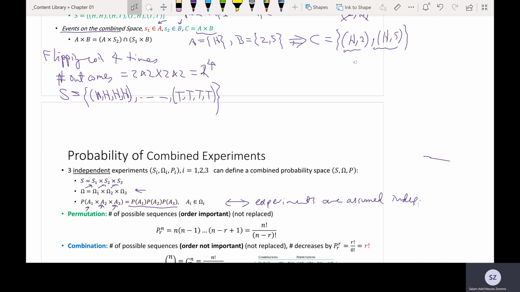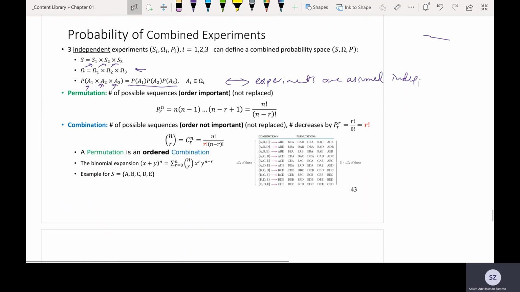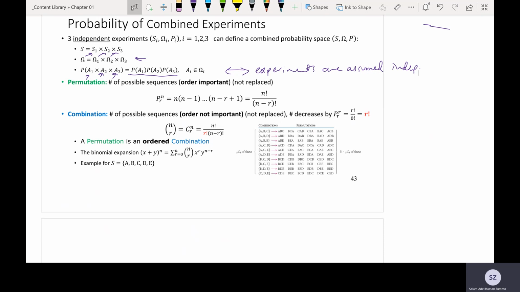There are smarter ways than listing and counting. Listing works when you have small sample spaces or a small number of experiments. If I repeat 2, 5, or 10 times, you can still list. However, with hundreds and thousands, this becomes boring and impractical, and because of that there are what we call counting methods, counting principles.